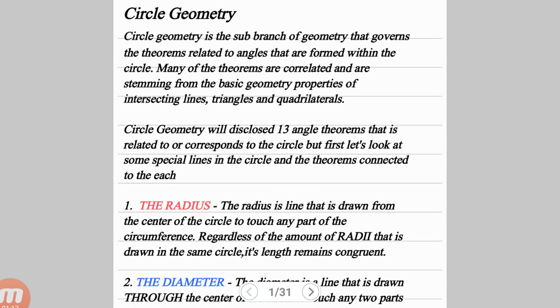So in this particular video, we're going to be looking at a concept known as circle geometry. And I'm going to try to keep this content to about an hour, so this will suffice for most students' study time of an hour of practice. So if you're watching this video, you could consider this as a practice session where I'll be walking you through some basic concepts related to geometry.